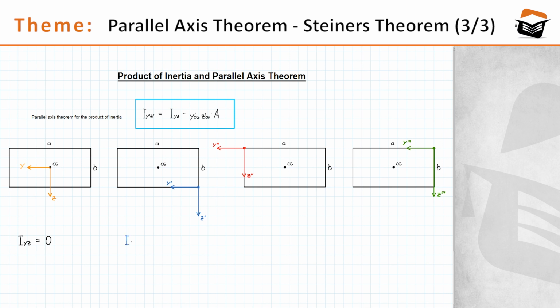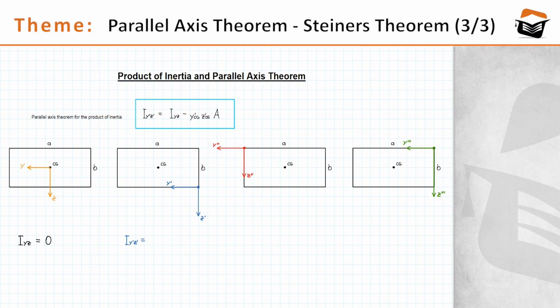I sub y prime z prime is equal to, now this term, I sub yz, that is the product of inertia for a coordinate system that runs through the centroid of the rectangle.